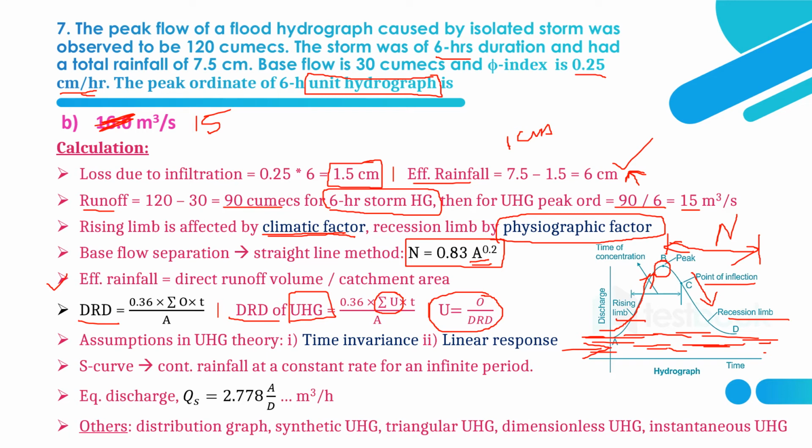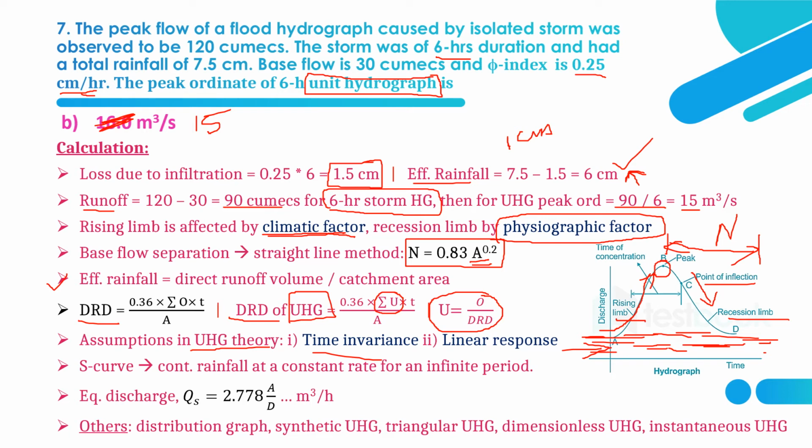What is a unit hydrograph actually? We have to calculate the discharge for 1 centimeter runoff. That is the unit hydrograph. And there are some assumptions in unit hydrograph theory. One is time invariance, and another one is linear response. What actually is time invariance?